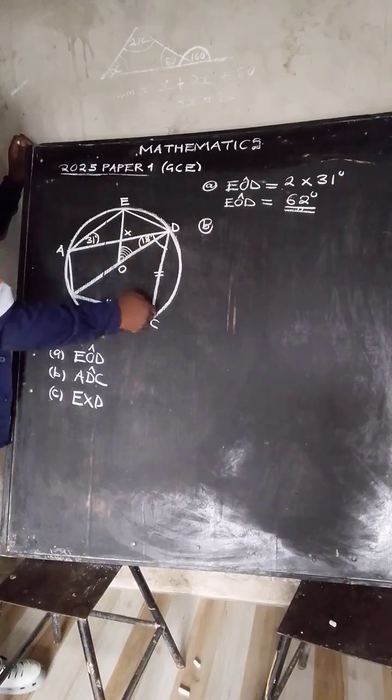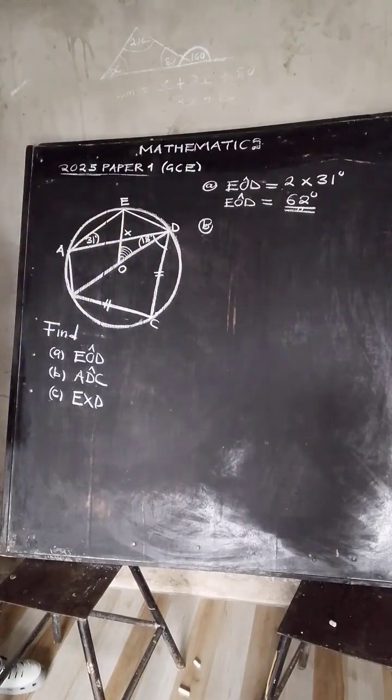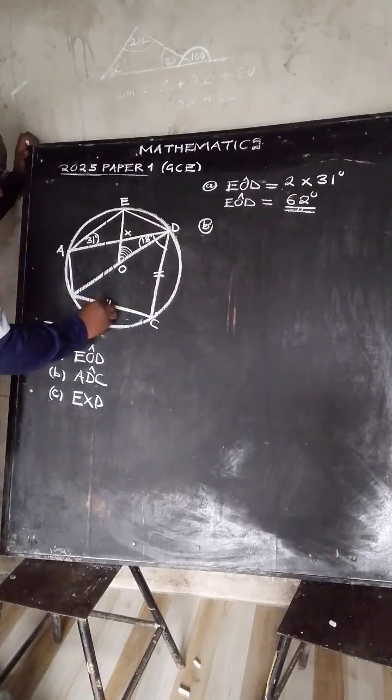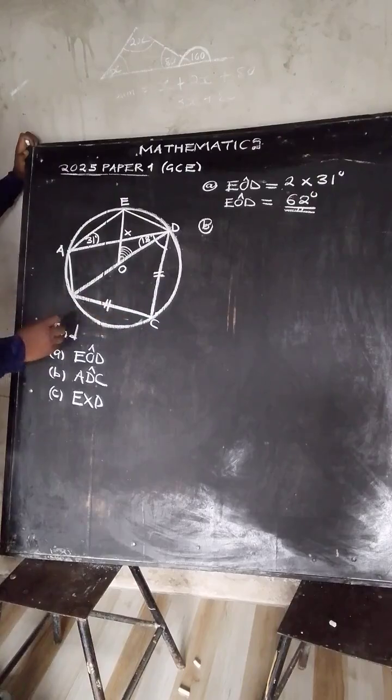This is because we have these two bars, which represent that these two lines are equal. So if these two lines are equal, the base angles are going to be equal.